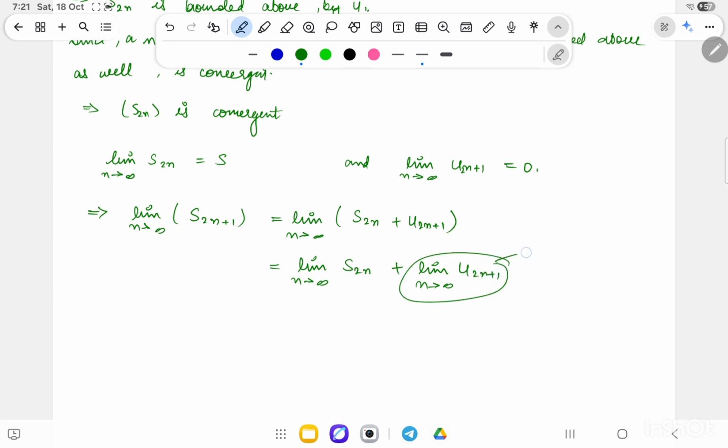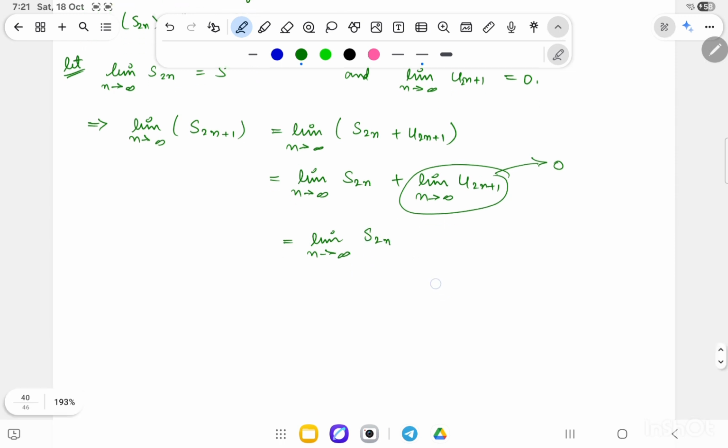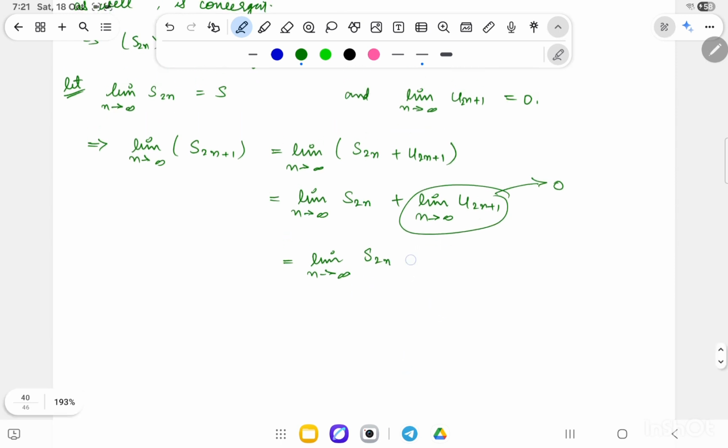This term tends to 0 because of the necessary condition of the Leibniz rule, so it equals the limit of s2n, and we have assumed that this limit is equal to s.